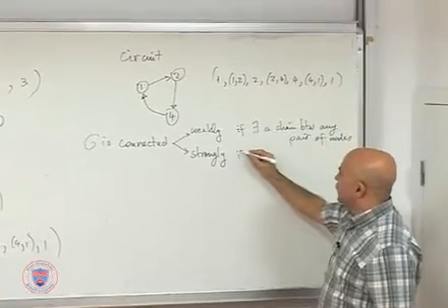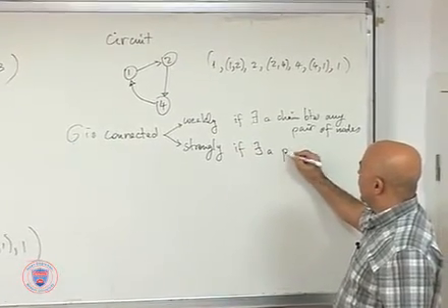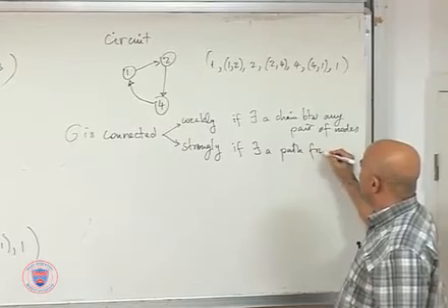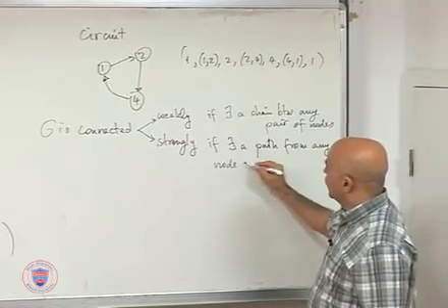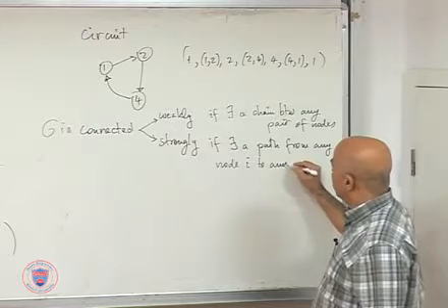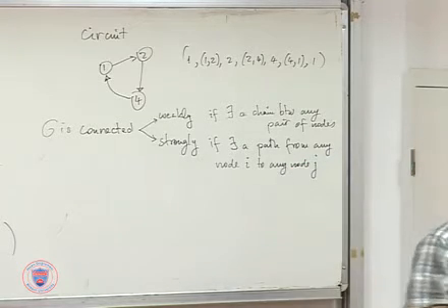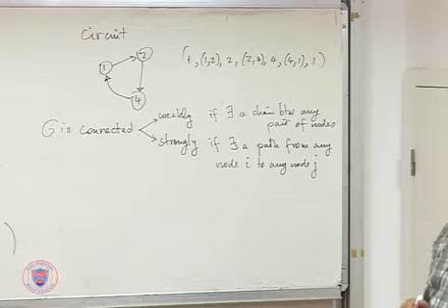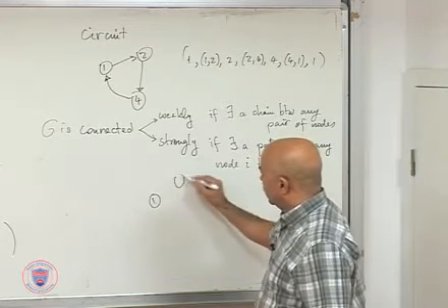Strongly connected if there exists a path from any node I to any node J of the graph. Okay? All right, so here's a simple example.